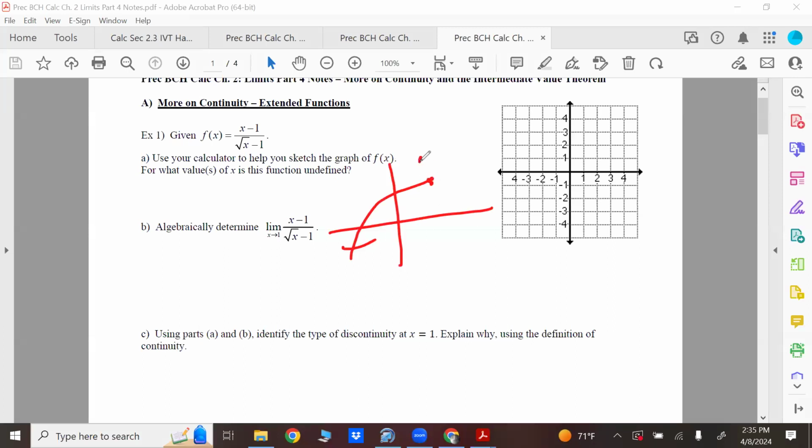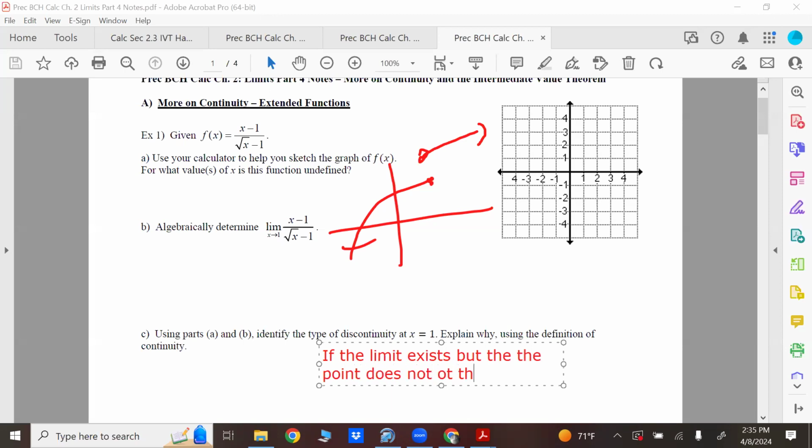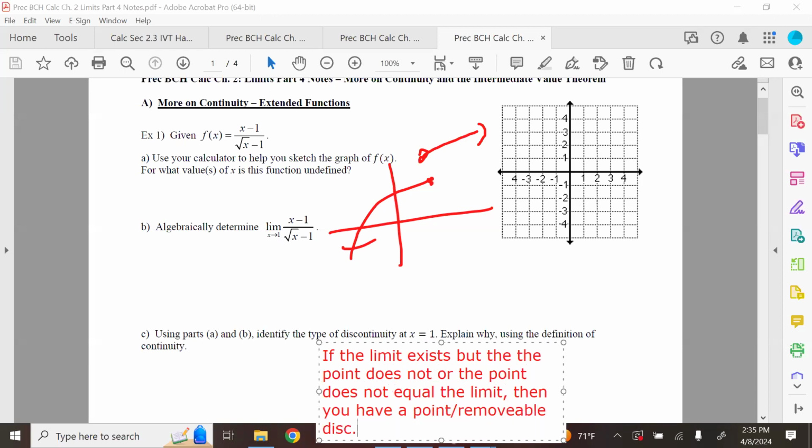Yes, Kate, go ahead. For removable discontinuity, I'll just type it up. If the limit exists, but the point does not exist, or the point does not equal the limit, then you have a point or removable discontinuity.